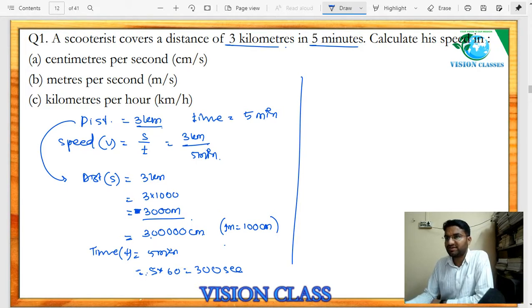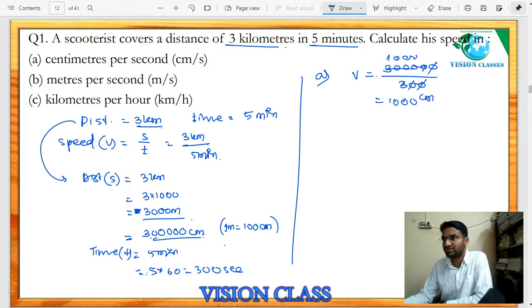For the first part, centimeter per second, v is equal to 300,000 centimeter over 300 second. Cancel out the 2 zeros, 3 ones are 3, so it's just 1000 centimeter per second.